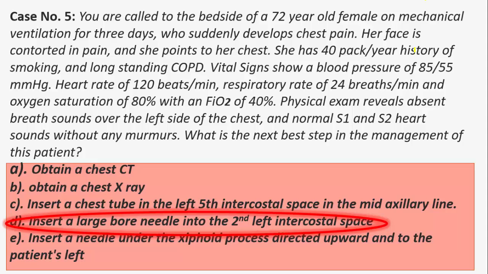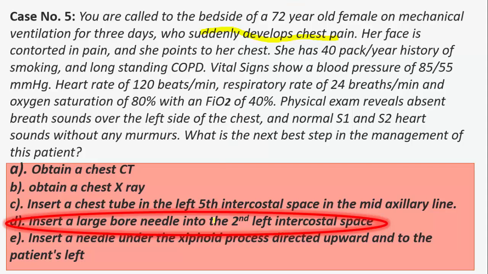sudden onset of chest pain, which suddenly develops, and decreased or absent breath sounds on one side suggest tension pneumothorax. In tension pneumothorax, the first step in treatment is insertion of a large gauge needle into the second intercostal space of the affected side, and this is very crucial in the treatment.